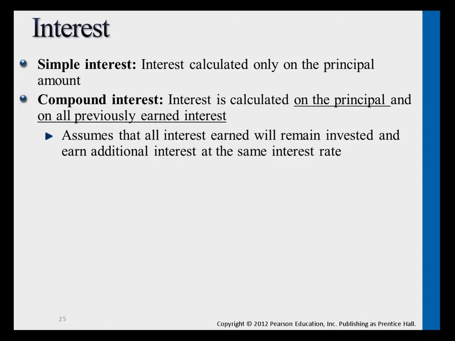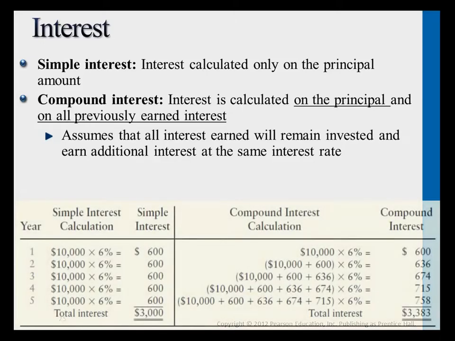So let's look a little closer at compound interest. We assume that all of the interest we earned will stay invested, and whatever additional we're earning, like we just said, it's still 10%. It's the same interest rate.